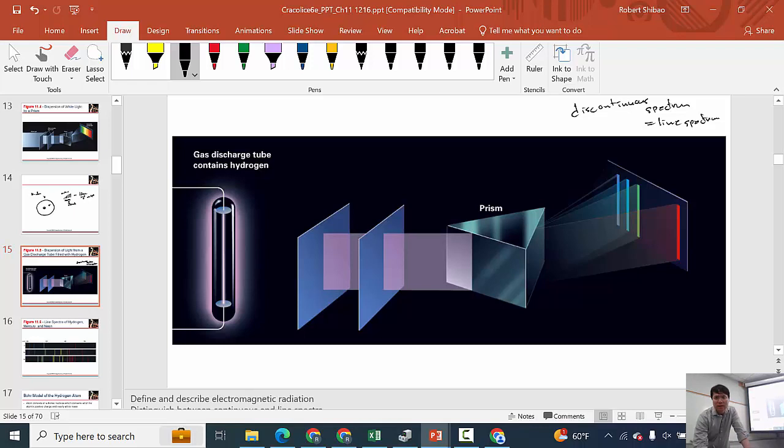6 minutes, okay. Discontinuous spectrum, line spectrum is what we get. And so the question comes up, why do we not see all colors?